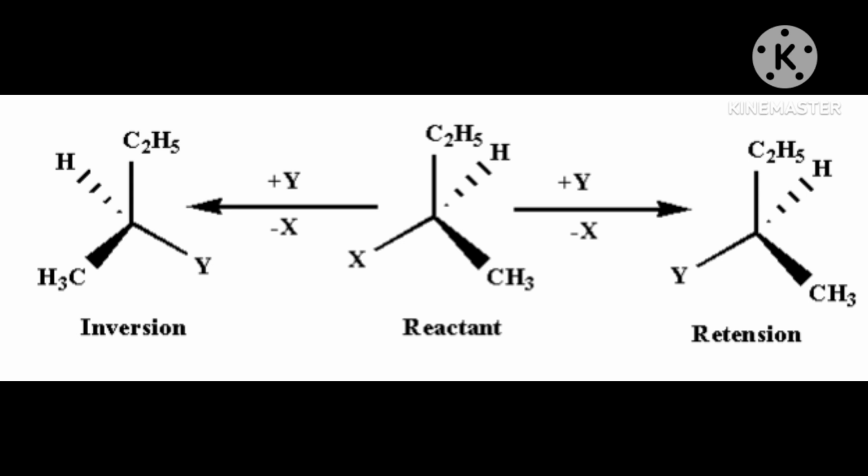Now same molecules, just you see. Suppose again this time one group is coming, the same group, Y. In this situation, I am telling you the other possibilities. The C2H5 position will be as it is.